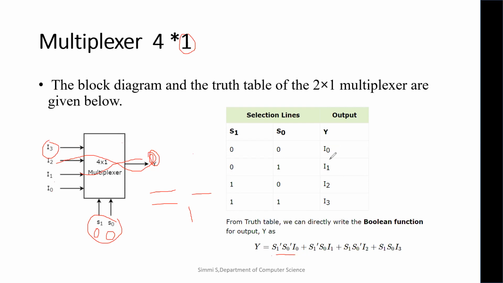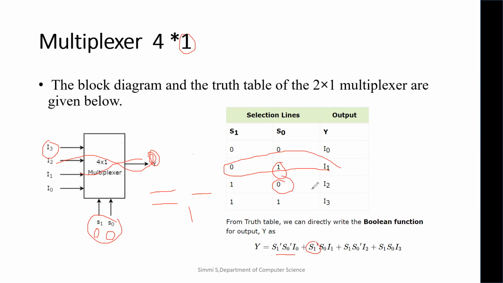After that, whenever the value of S1 is equal to 0, that is S1 dash, and whenever the value of S0 is equal to 1, I1 will be going. After that, whenever the value of S1 is equal to 1, that is S1 itself, and whenever the value of S0 is equal to 0, that is S0 dash, I2.